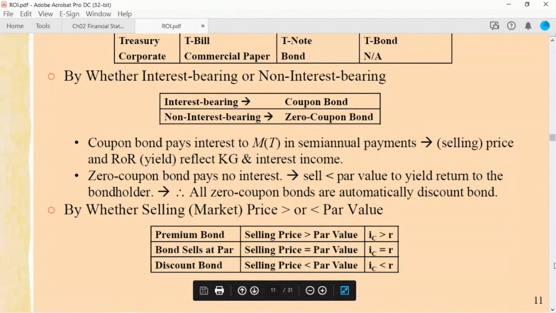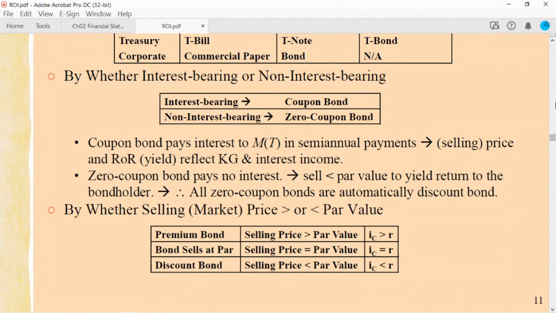So in our last class, we basically talked about the basic types of bonds, right? And this understanding is quite crucial in understanding how the open market operation works. Now, there will be a separate topic later on, topic 5, that will be dedicated to bond valuation.